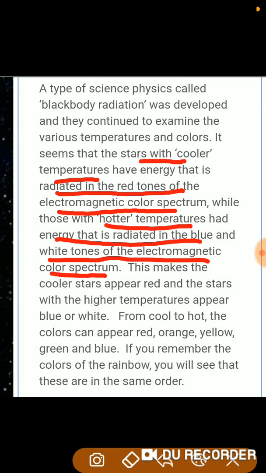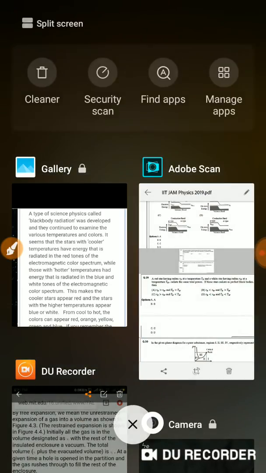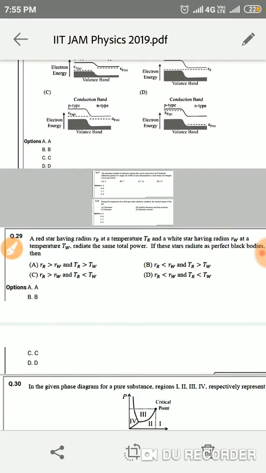So by that argument, in our question, the temperature of the white star will be greater than the temperature of the red star.